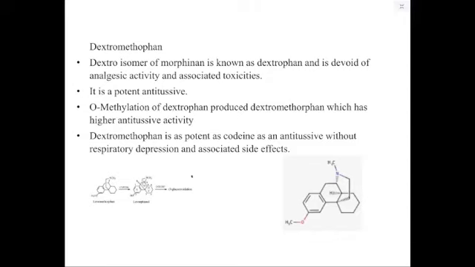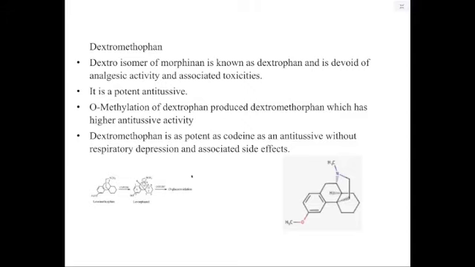The dextro isomer of morphinan is known as dextrorphan and is devoid of analgesic activity and associated toxicities. As I've already explained, it is a potent antitussive. Because it does not have the associated toxicity, dependence, addiction, abuse, and so on, it is safe for use as an antitussive.